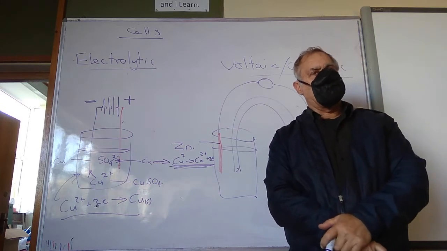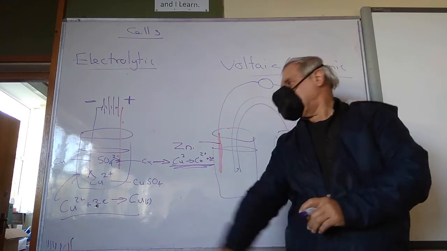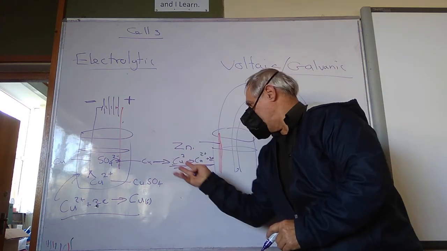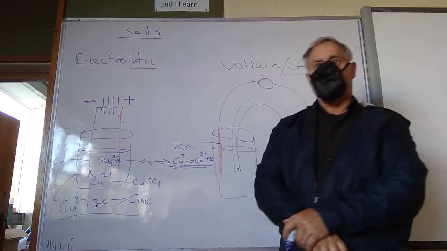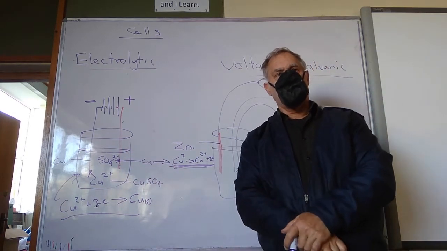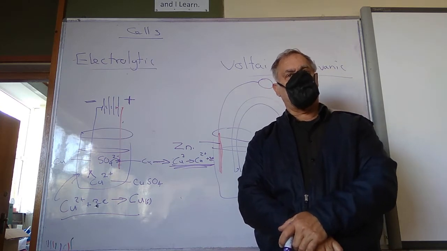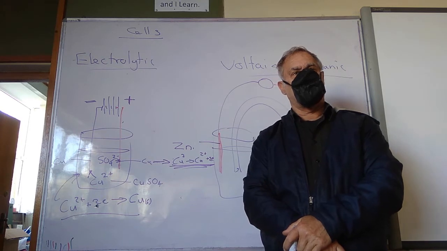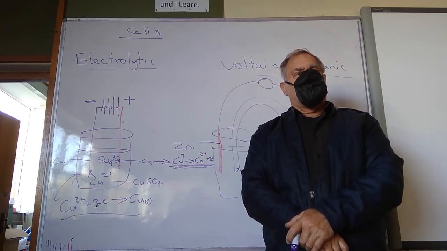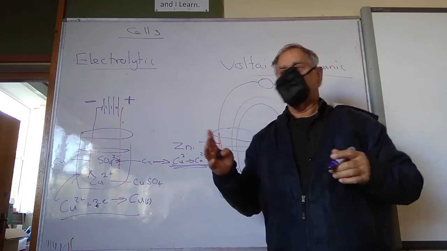Now, who can explain why this copper is dissolving, and why it is dissolving at that electrode? Matthew, would you like to give it a go? Okay, let me talk you through it.